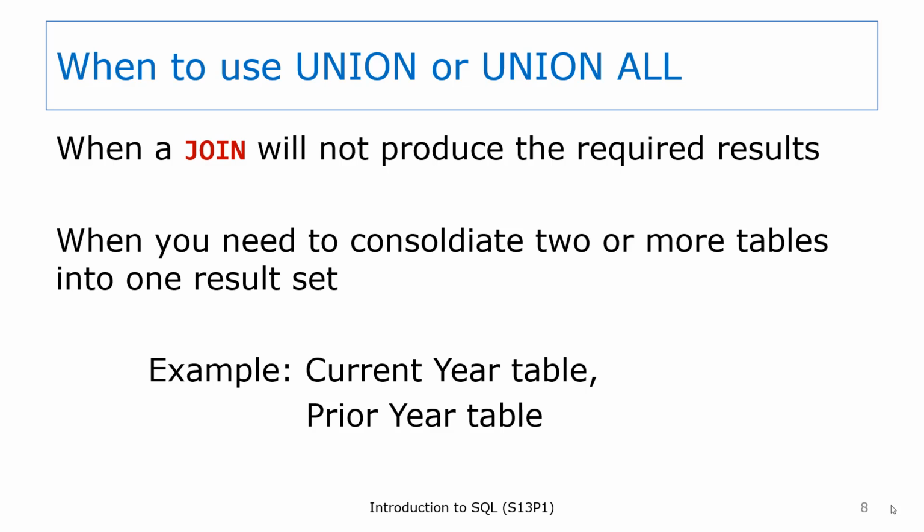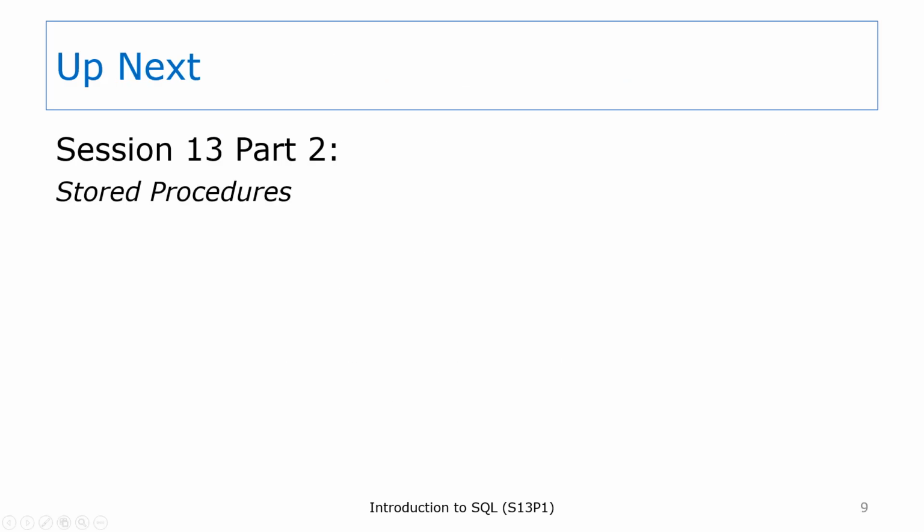If you need to get the data for the current year and also for the prior year, you can use a union or union all operator to combine the data from the two tables into one result set. The union operator is not commonly used, but when it fits the requirement, it can be the best way to create a consolidated result set. In the next video, we'll look at how to create and work with stored procedures.